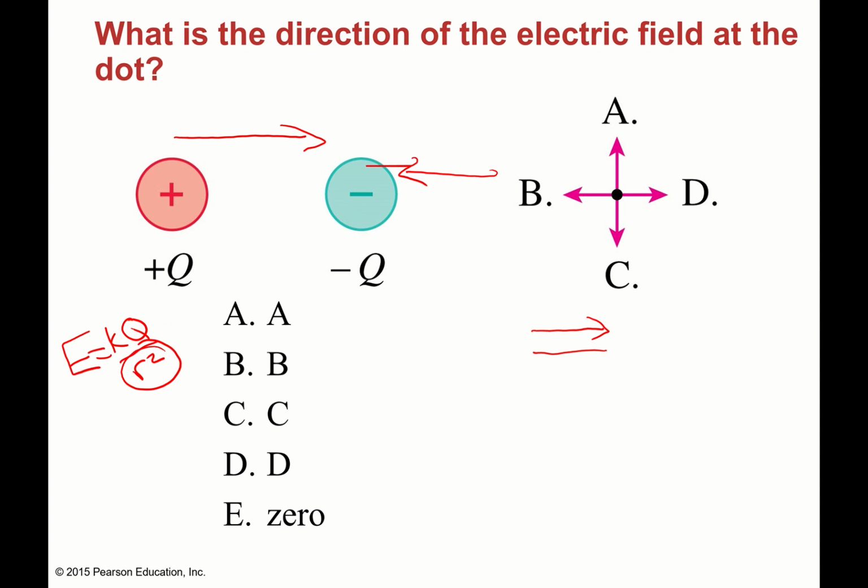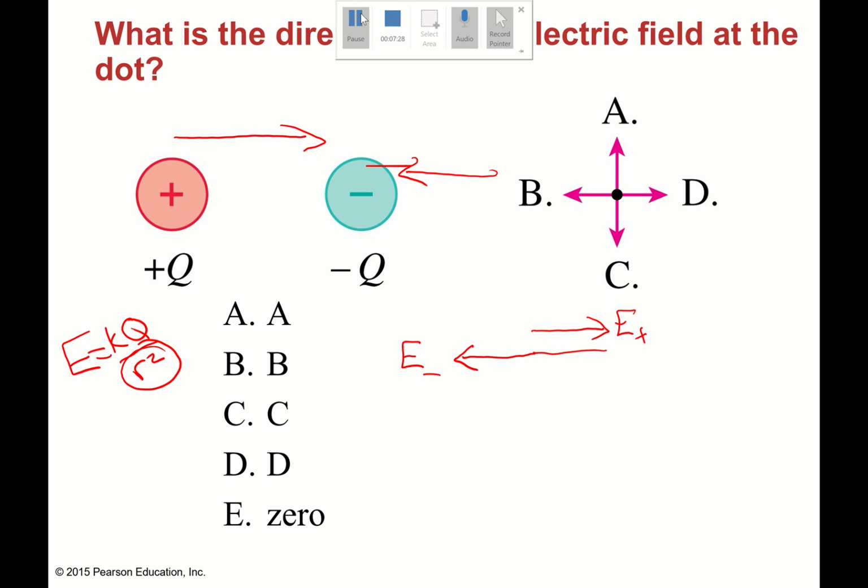It's bigger for the positive charge, so the electric field from the positive charge is going to be smaller than the electric field from the negative charge because it's further away. So imagine you're having a tug of war: the negative charge is going to win. So the net field is going to be toward the negative charge, in the direction of arrow B.